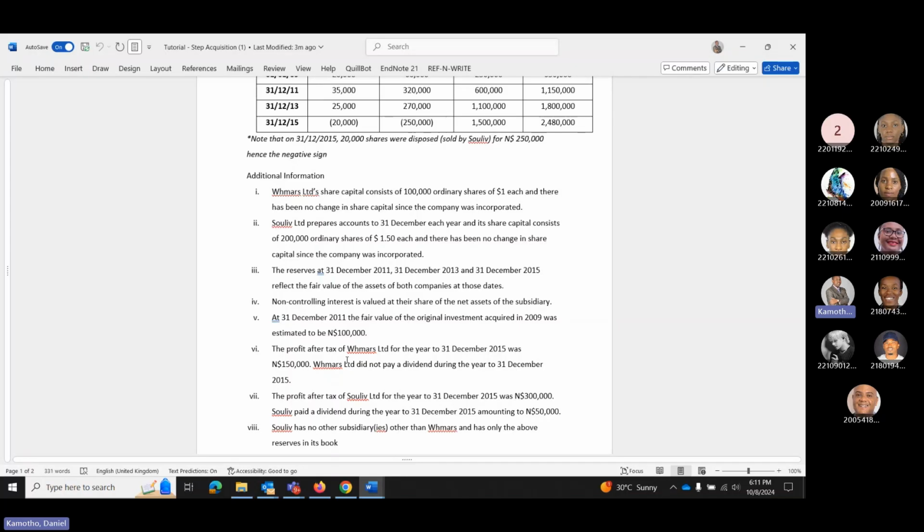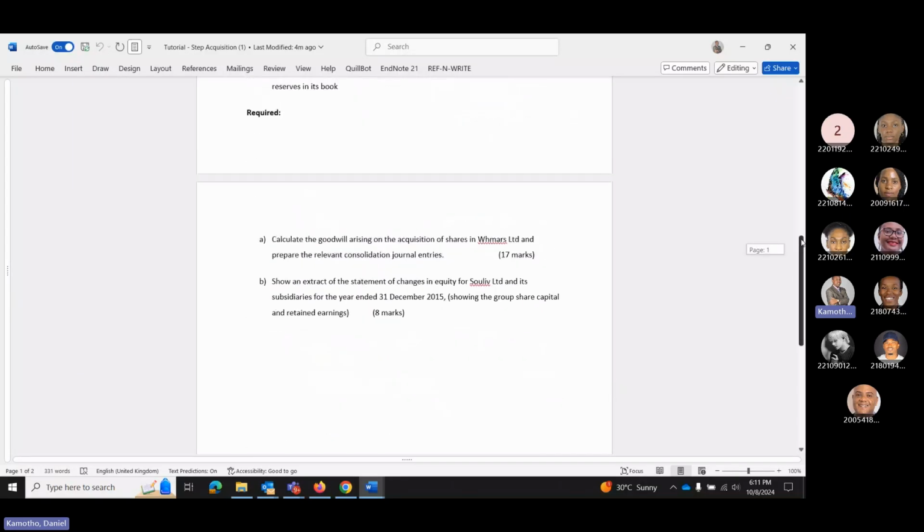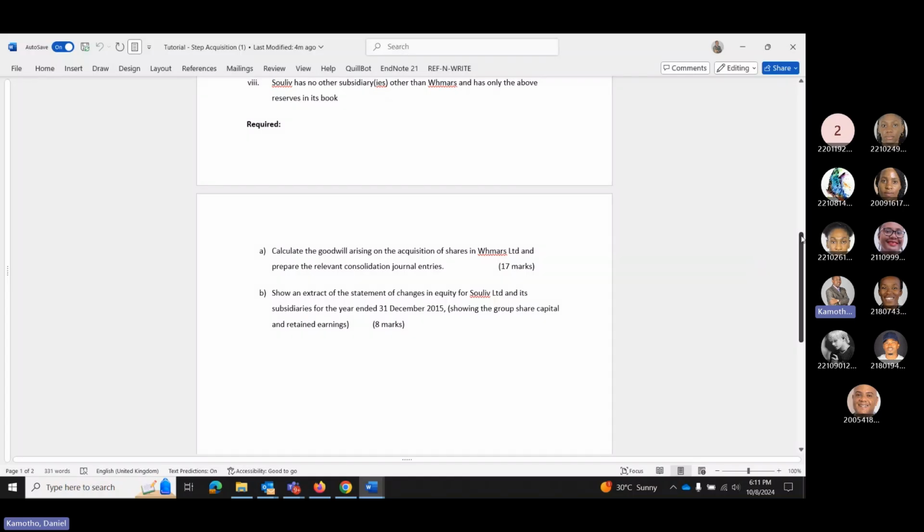And this parent company has no other subsidiary and has only the above reserves in the books. So all the information is represented. So we are required to calculate the goodwill arising on the acquisition of YMAS and prepare the relevant consolidation journals.